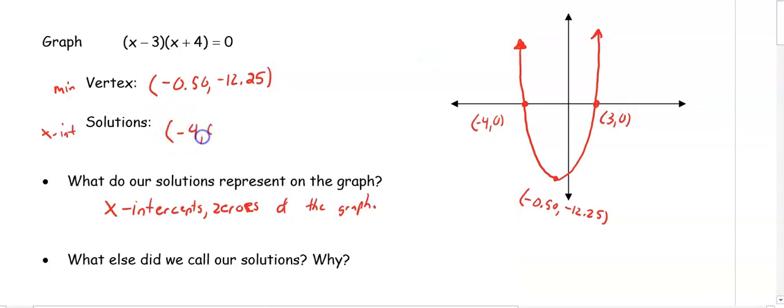So our solutions are negative 4, 0, and 3, 0. So the zeros represent the x-intercepts or the zeros of the graph. We can also call them our x-intercepts or our zeros.